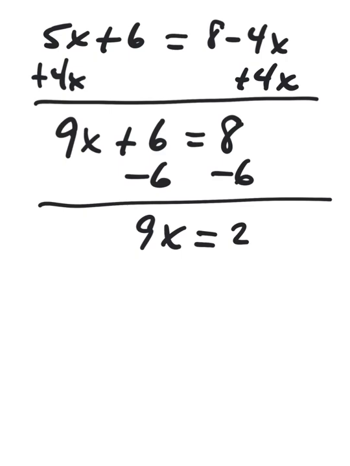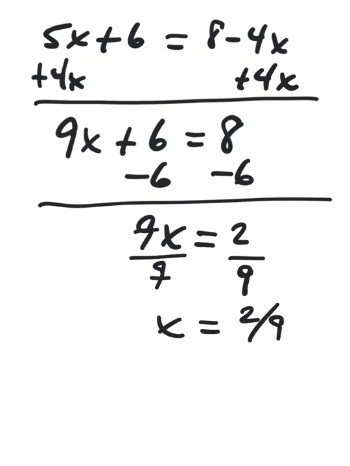Once you've separated your variable term from your constant term, then multiplying or dividing is your last step. You can divide by 9. And that gives us x equals 2/9.